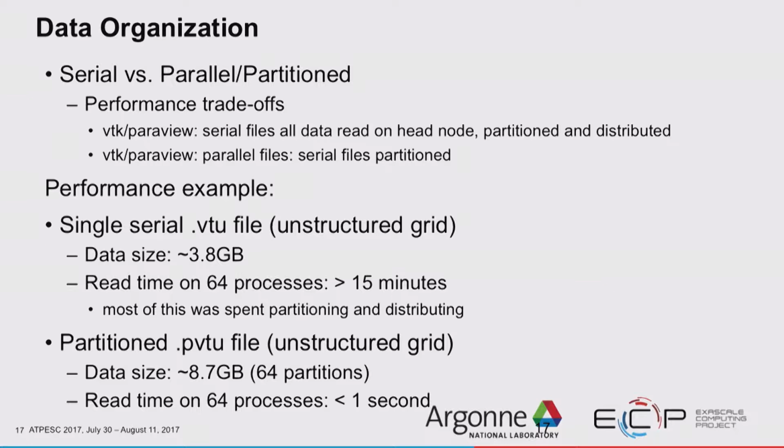As one example, I had a data set that was an unstructured grid, just under 4 gigabytes. But when I tried to run it on 64 processes of a visualization across 64 nodes in a parallel server, it took more than 15 minutes to load the data, and the majority of that was spent in partitioning and redistributing the data. But once I did that, I saved it as a partitioned file, so now I've got 64 chunks instead of a single big file.